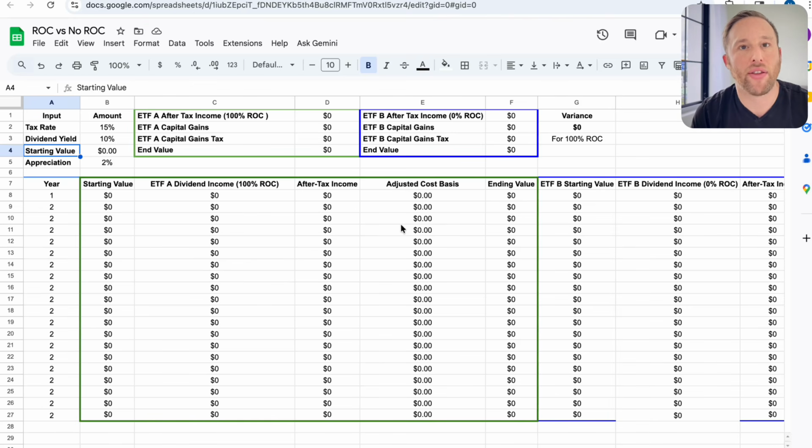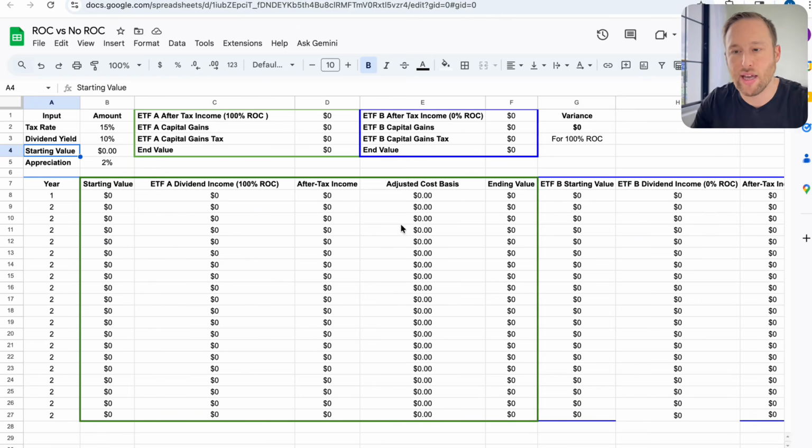The dividends bring your cost basis down, instead of you paying tax on those dividends, until the point where your cost basis reaches zero. After that point, you start paying tax on your dividends. And this is not just a free lunch: you will pay the tax on the cost basis you've reduced at the end when you sell the final asset. So that's what return of capital is in a nutshell.